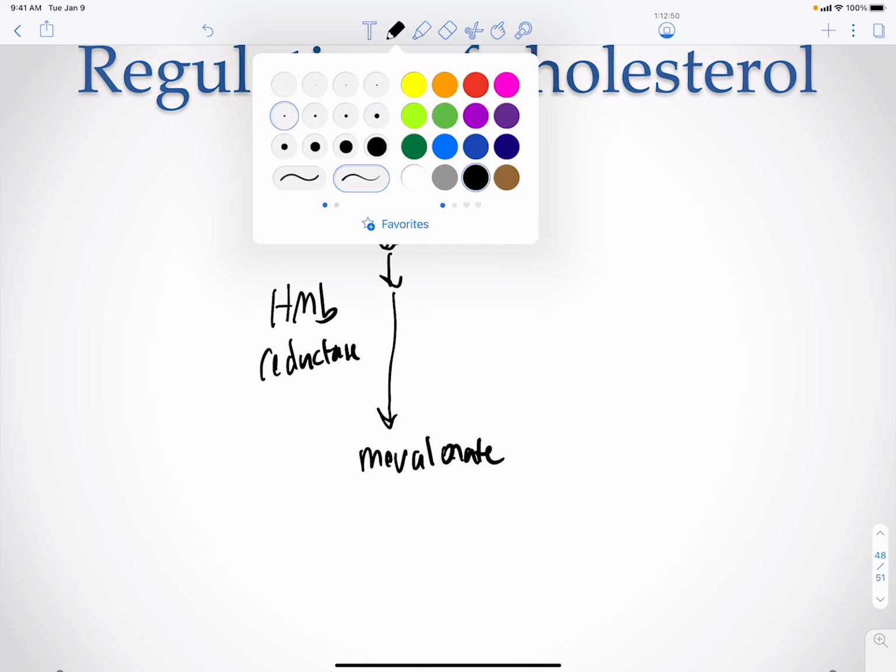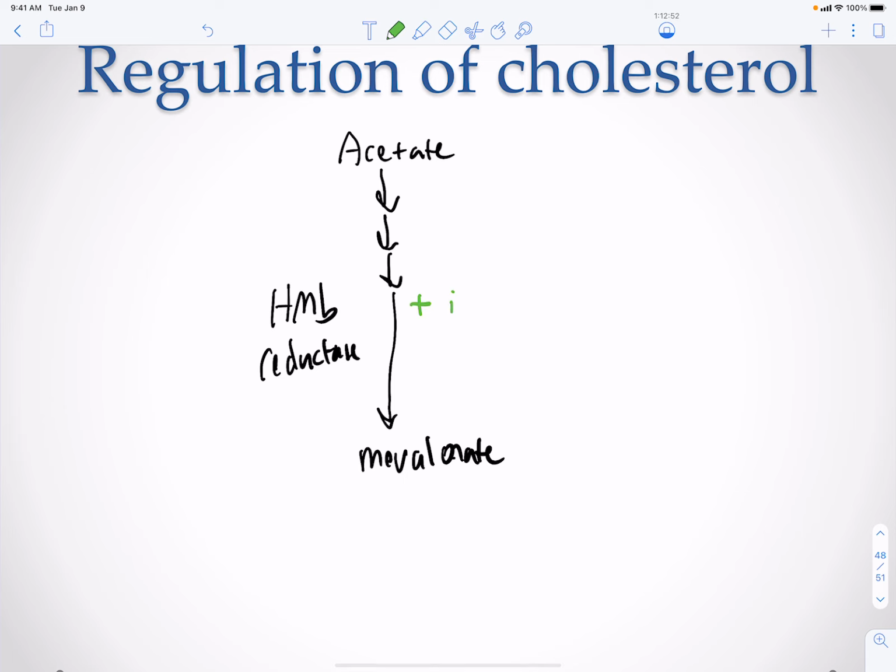So this is going to be positively regulated by insulin, and it's going to be negatively regulated by glucagon, negatively regulated by AMP kinase, and negatively regulated by oxysterol.